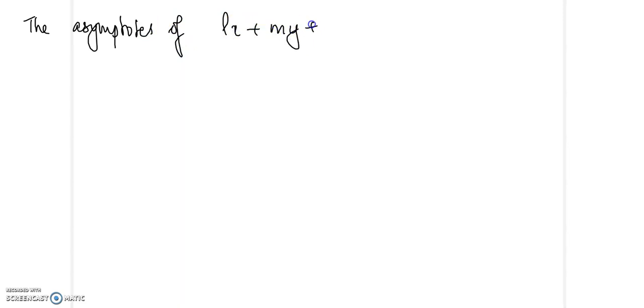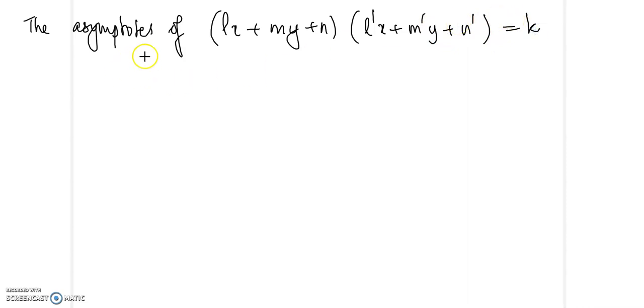And now if the conic is in the form, say you have in this form, so if the conic is represented in the form lx plus my plus n into l dash x plus m dash y plus n dash equal to k, then the corresponding asymptotes are given by, so in place of k that will be replaced by 0.